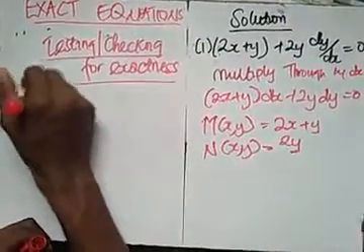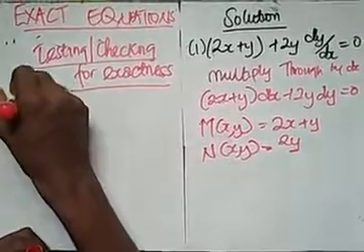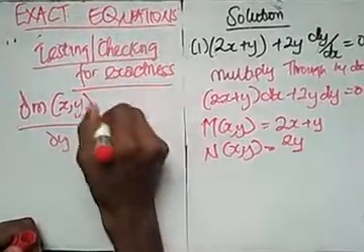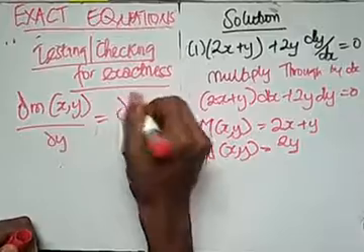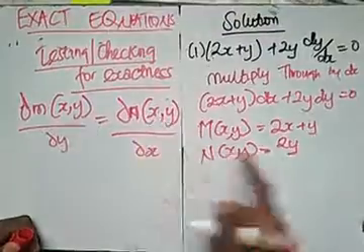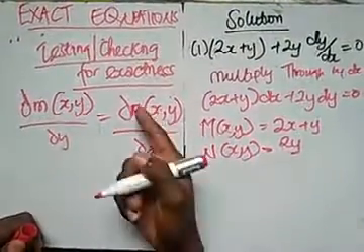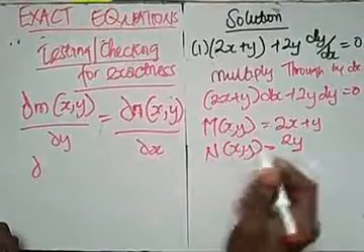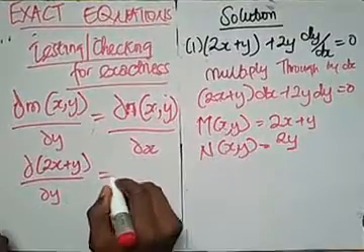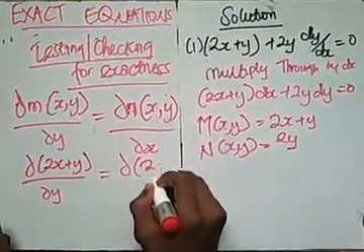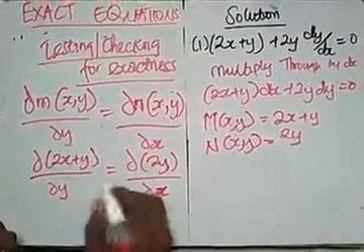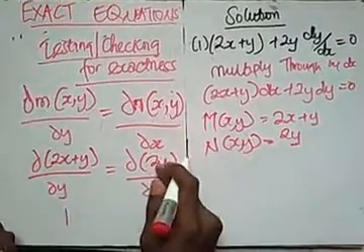We remember the condition: the partial derivative of M over the partial derivative of y equals the partial derivative of N over the partial derivative of x, where this is your M and this is your N. So we solve the partial derivative of 2x plus y with respect to y, which equals the partial derivative of 2y with respect to x.